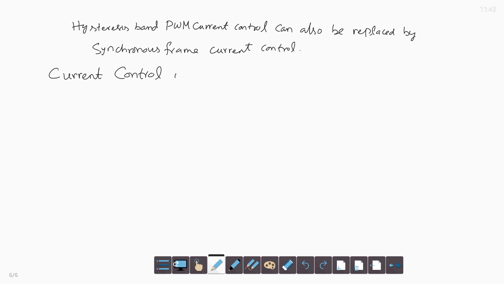Current control in vector controlled drives.